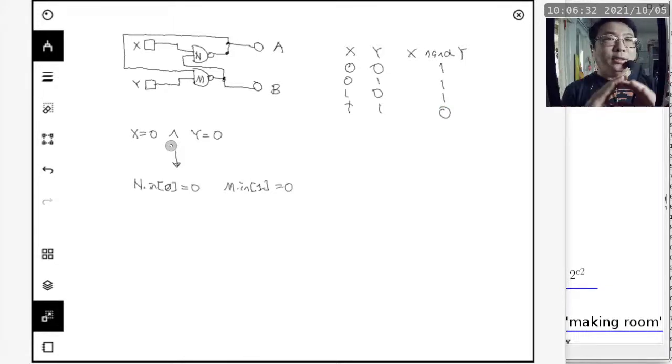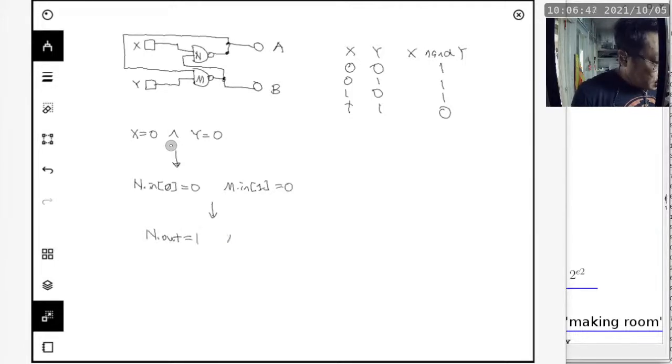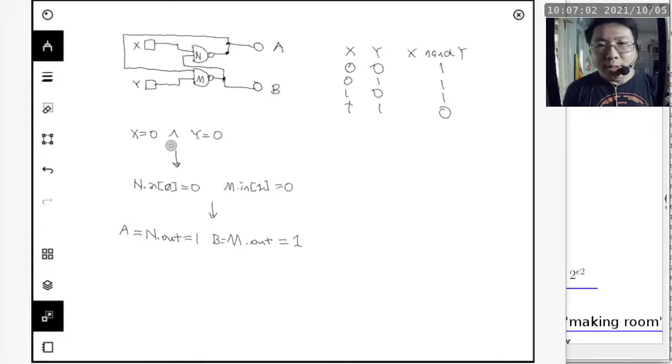I don't need to care about what the other input pin is doing. So in terms of the analysis, we now know that n.out is going to be a 1, and m.out is also going to be a 1, which as a label means output pin A and output pin B are both 1s at this point.